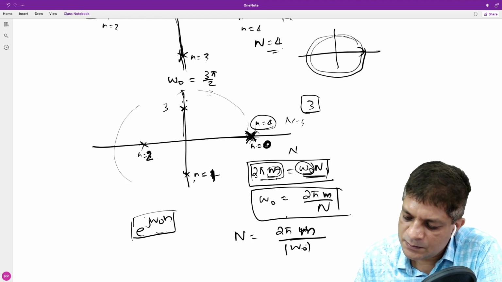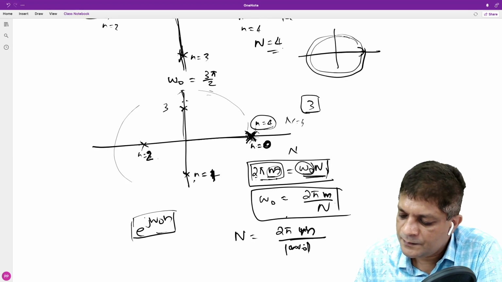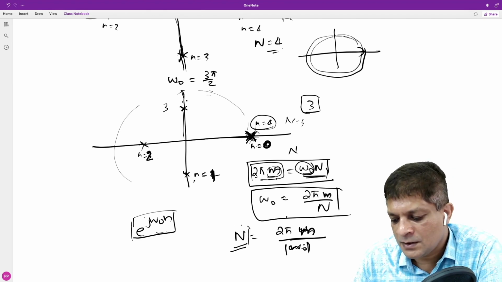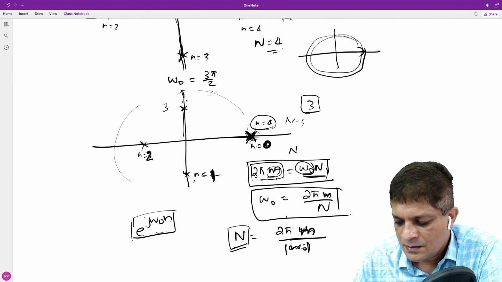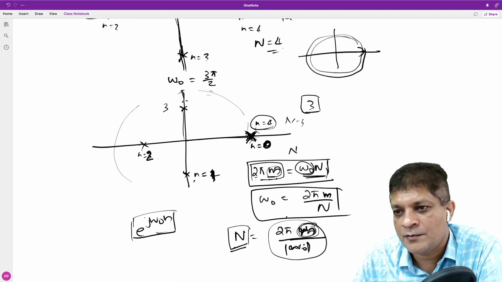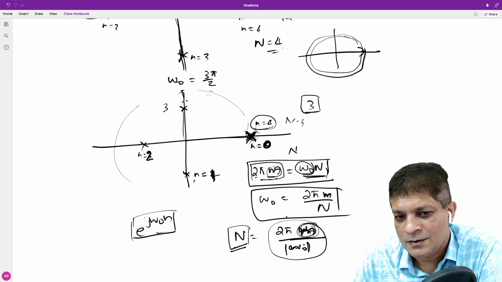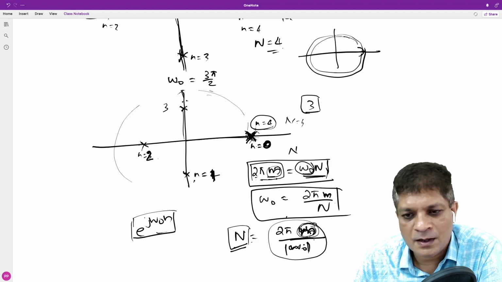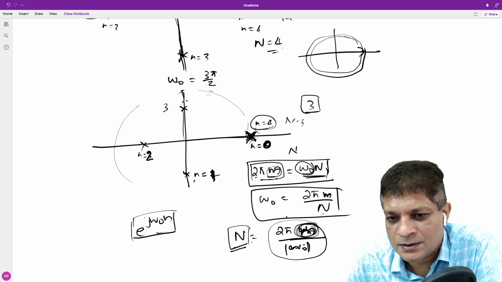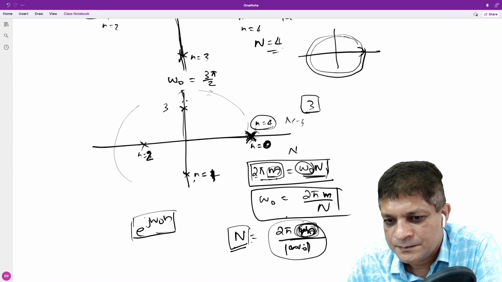Again, let's take it as mod omega naught. So the fundamental period of this signal is this value for the minimum value of m, isn't it? And that minimum value of m corresponds to the number of complete cycles in one period, isn't it?